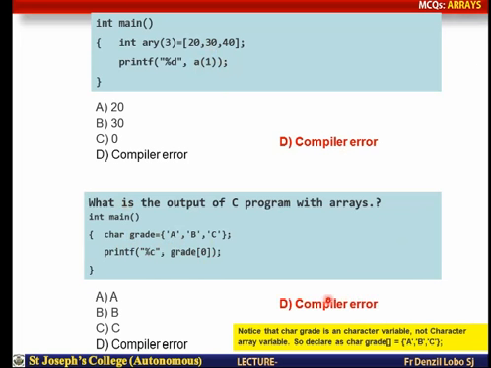Why compiler error? Notice that grade is a character variable, not a character array variable. Here you have not given square brackets. Should have given square brackets, then it would have been an array. So therefore this is a compiler error.